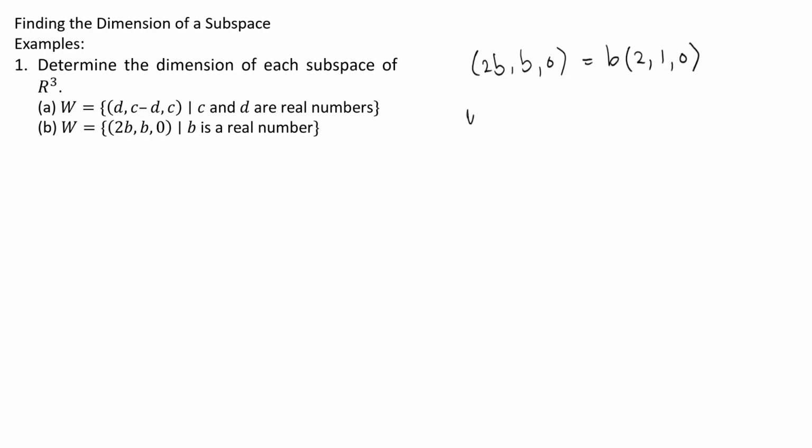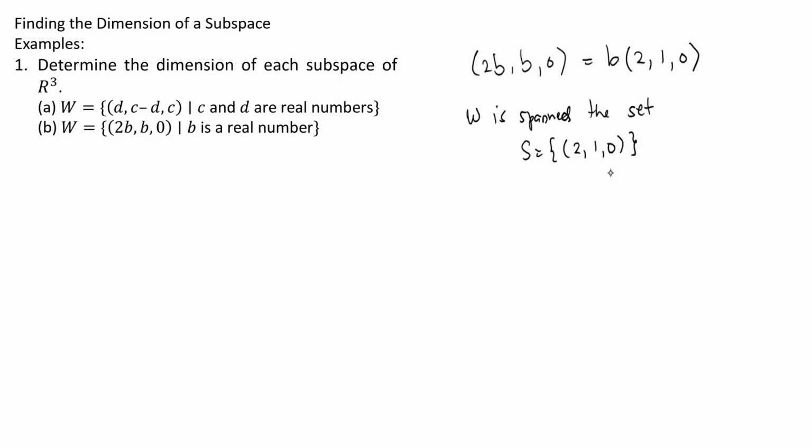So W is spanned by the set S containing (2, 1, 0). Okay, and since we have only one vector here, this set is linearly independent.